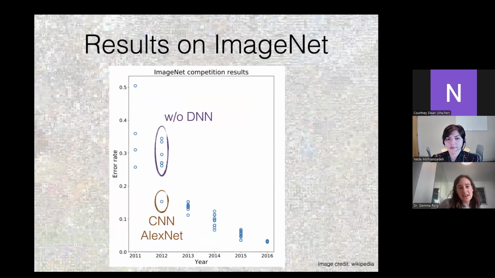Here you see the striking result that deep learning approaches obtain with the ImageNet dataset. Before deep learning, the error rates were quite moderate. But then in 2012, with AlexNet, the error rate was dramatically reduced. After that, researchers in the field started to use this technique more and more to get better image classification results.